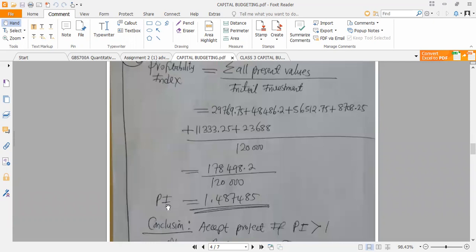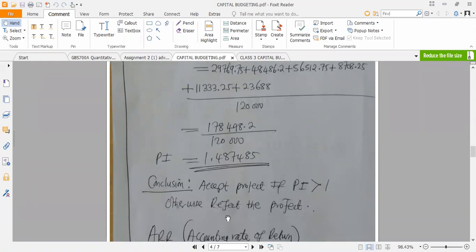So our profitability index is 1.4874, meaning our initial investment has gone into our total recoveries 1.48 times, 1.5 times in short. So we are able to recover. So here we accept the project if the profitability index is greater than 1, otherwise reject the project.